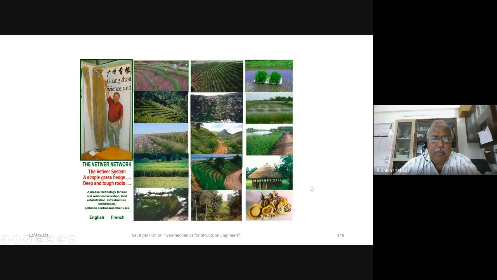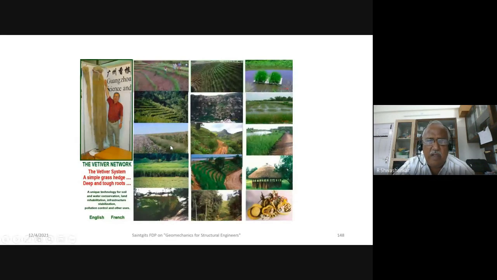I'm propagating for this because this is a natural geosynthetic. That means its roots will grow up to 2 to 3 meters on the slope. When you go to any of the Southeast Asian countries and even Japan, the slopes are all turfed with vetiver grass. In our country, vetiver is also an Ayurvedic plant, right?